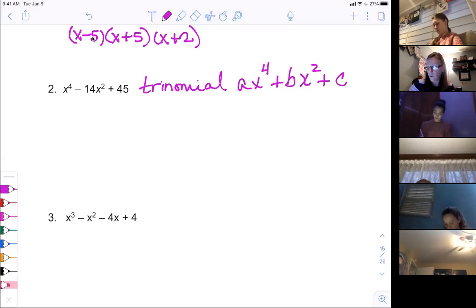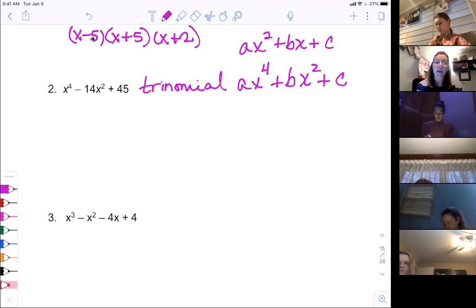So there's 2 different forms of trinomials that we could work with. This is the same type of factoring that we would use if it said ax squared plus bx plus c. It's in the same pattern, except the first term is x to the 4th instead of x squared.